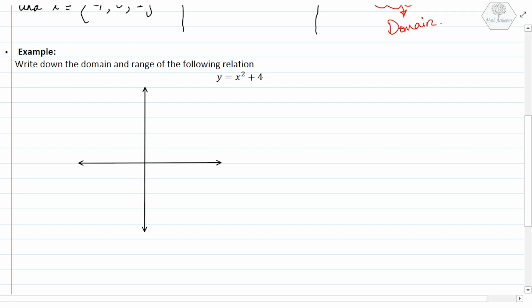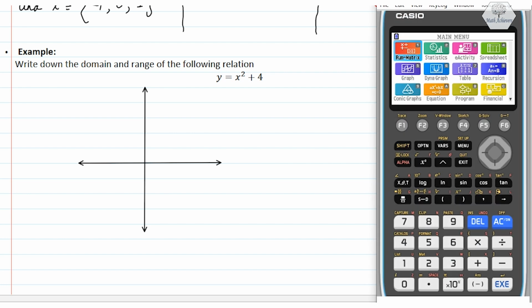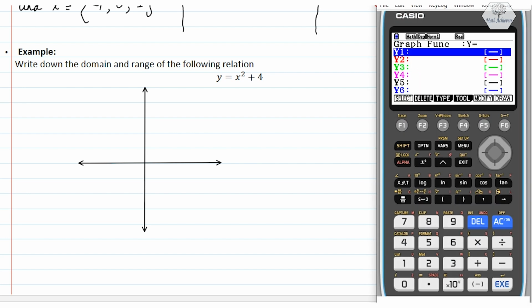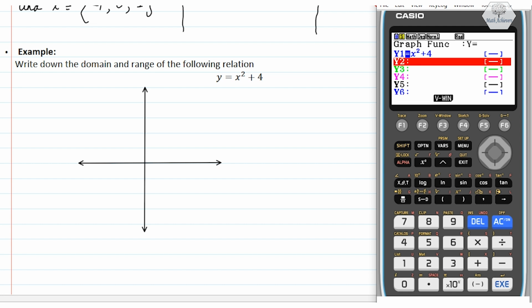After that, I use my graphical display calculator to check for the shape of this curve. I go to graph, and I fill in y1 with x squared plus 4. I have to check for the V window.